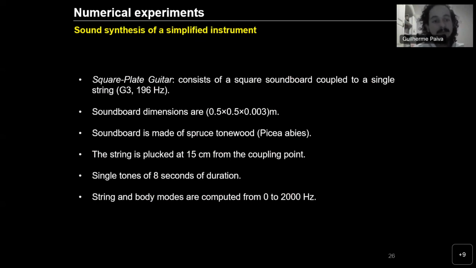The soundboard is made of spruce tonewood. The string is always plucked in the same condition, at 15 centimeters from the coupling point. So we could obtain sounds of 8 seconds of duration. And we consider the string and body modes up to 2000 hertz.